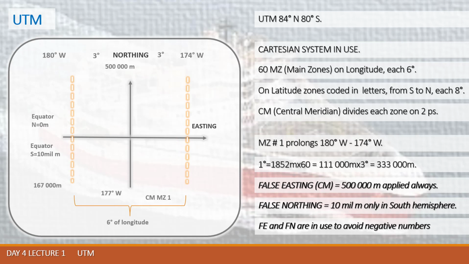Simply adding 333,000 meters to 500,000 meters, I receive 833,000 meters for the right border of the UTM zone on the screen, and deducting 333,000 meters from 500,000 meters, I receive 167,000 meters for the left border of the zone.